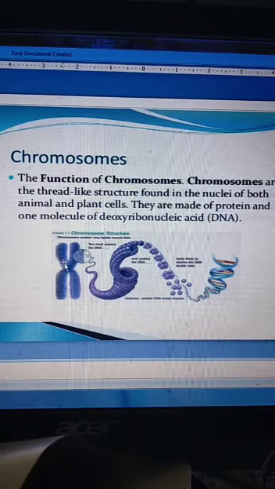You know how many human chromosomes? 46. Chromosomes are thread-like structures found in the nuclei of both animal and plant cells. They are made of protein and one molecule of deoxyribonucleic acid, DNA.